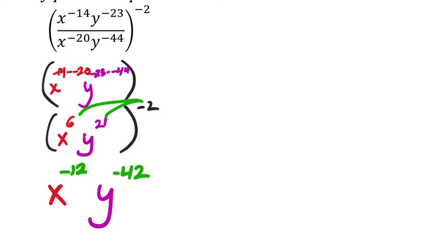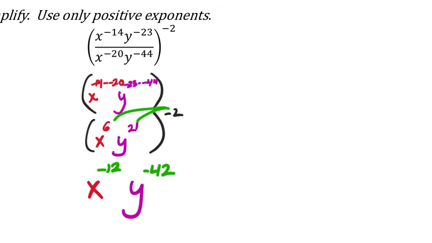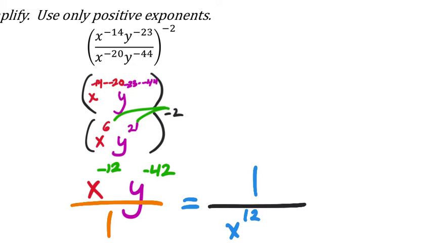Now, like it said in the beginning of the problem here, we only want to use positive exponents. So you could show this as an over 1 situation, where all we're going to do is flip that fraction right there for both the x's and y's. So now it becomes 1 over x to the power of positive 12, and then y to the power of positive 42.